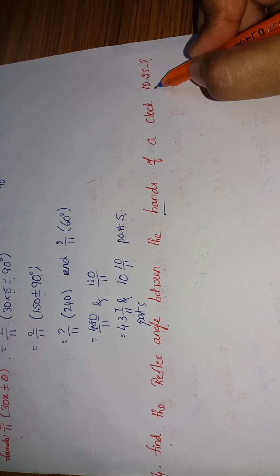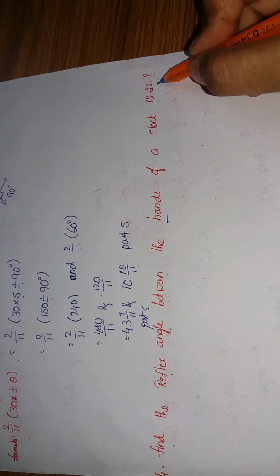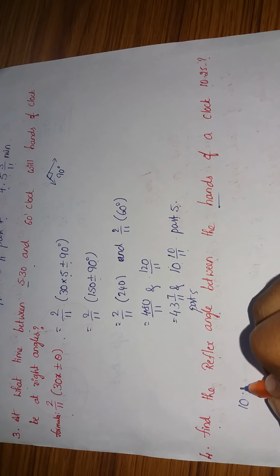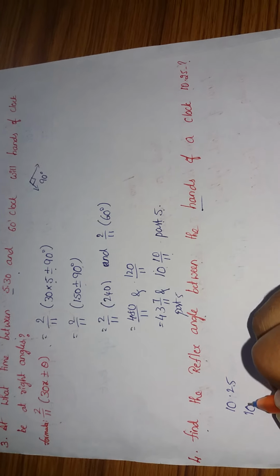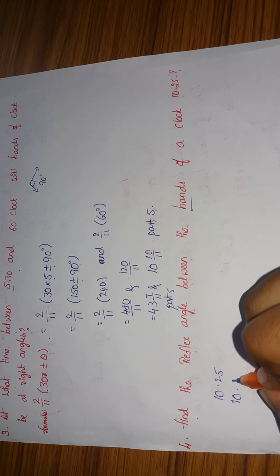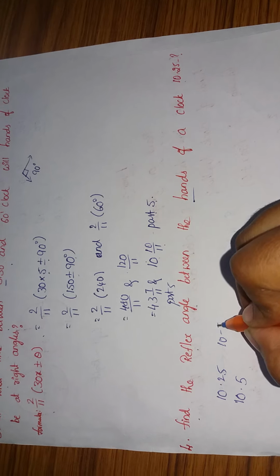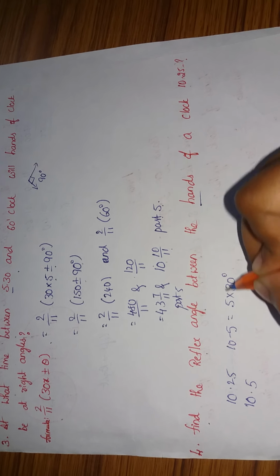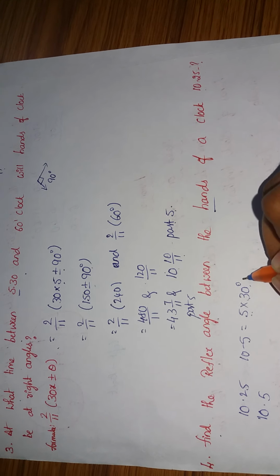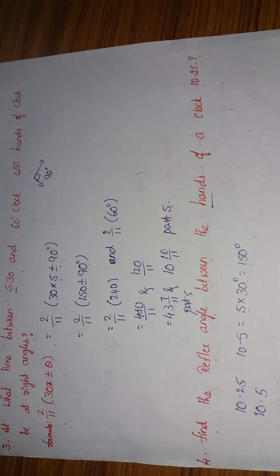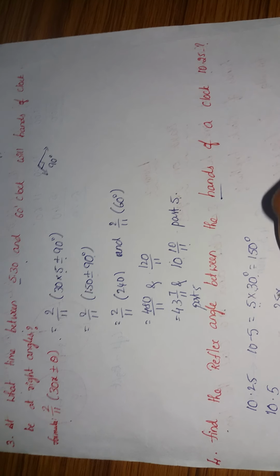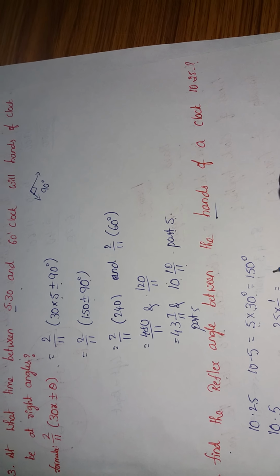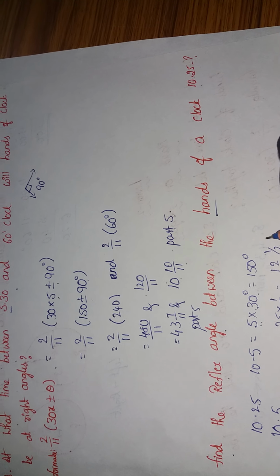First, we have to find the angle between the hour hand and the minute hand when the time is 10:25. We know that when the time is 10:25, the hour position is 10 and 25 minutes can be written as 5. 10 minus 5 will give a result of 5. 5 hours into 30 degrees, since the hour hand makes 30 degrees per hour. 5 hours will make 150 degrees, and for 25 minutes, 1 minute makes half a degree, so 25 minutes make 12 and a half degrees.